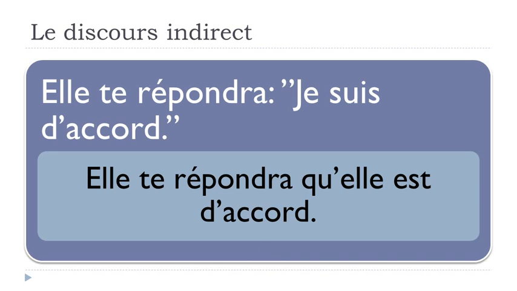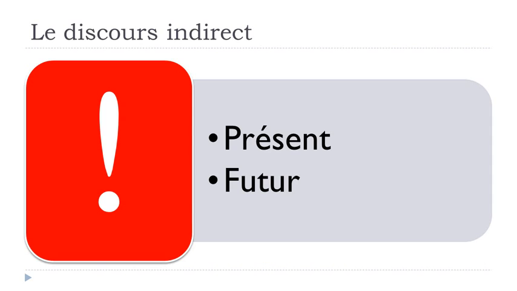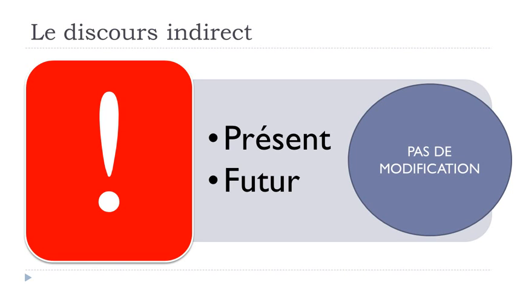Okay, so the thing is that for the present and the future, if the verb that introduces this structure, this discours indirect, is at the present form or the future form, then the good news is that you won't have to modify anything after it.